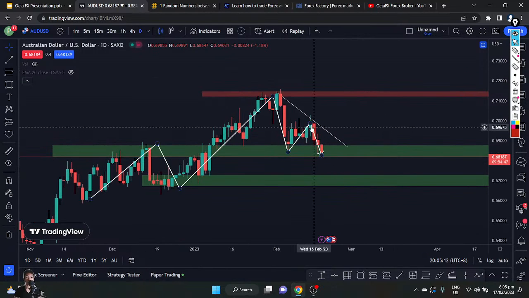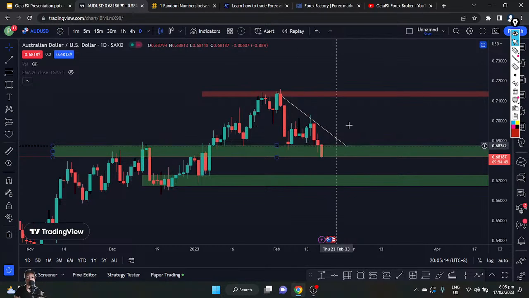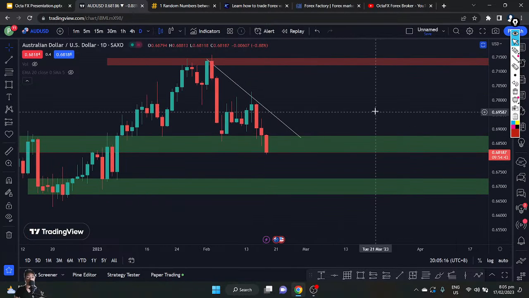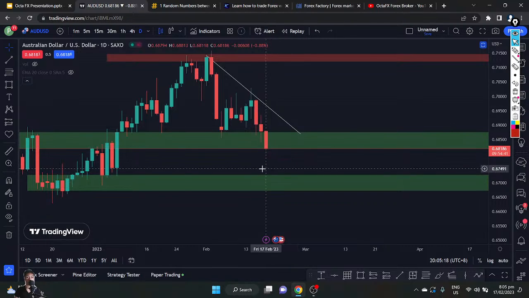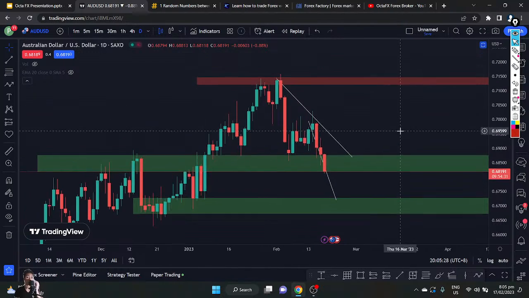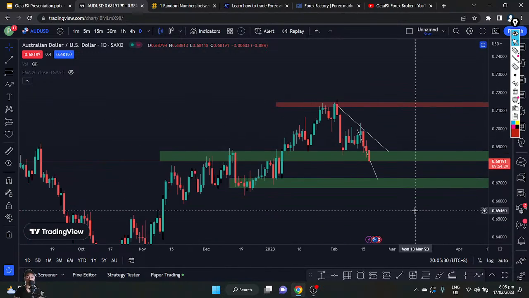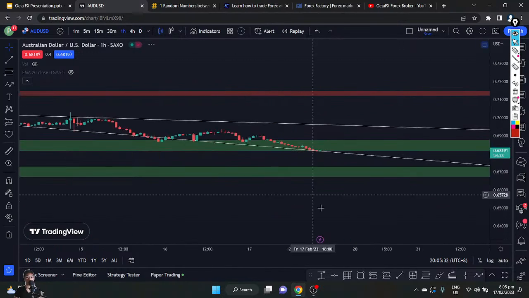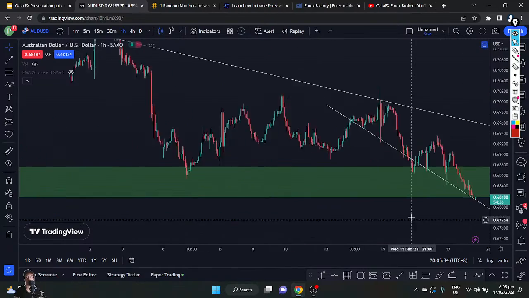But again, for the aggressive traders, you can take a sell trade right here if you want to capitalize on this movement to the downside, because there's a probability for the price to go down into the support down here. So that's how aggressive traders are trading. And if we look at our lower time frame, we can see that we have a downtrend.